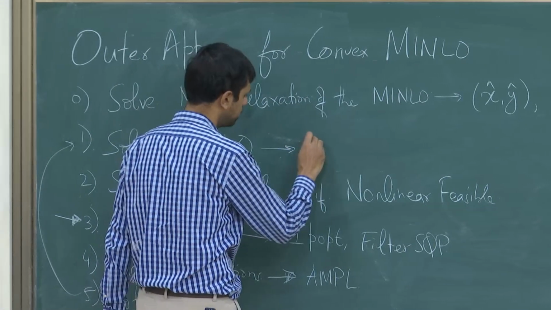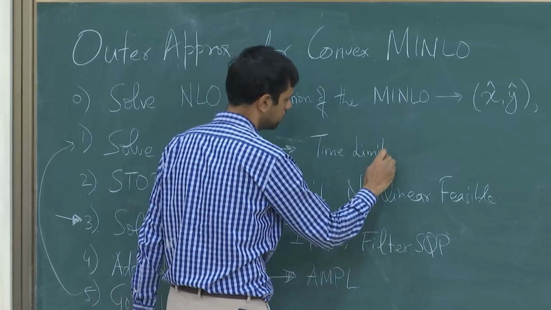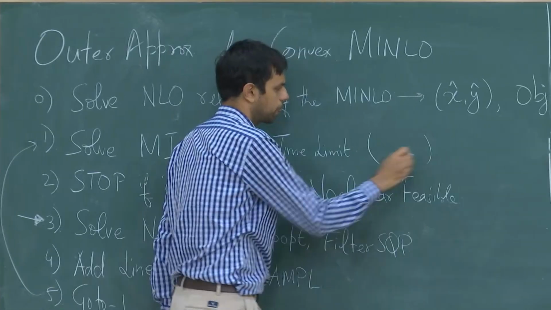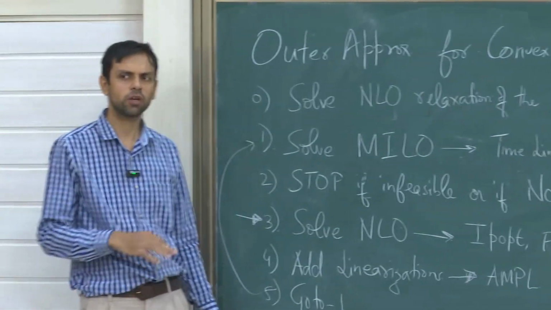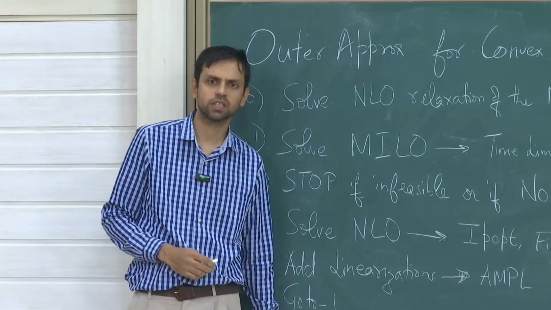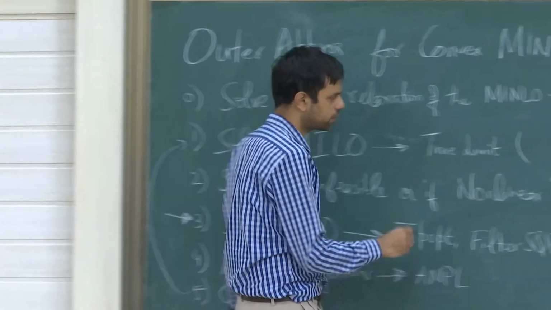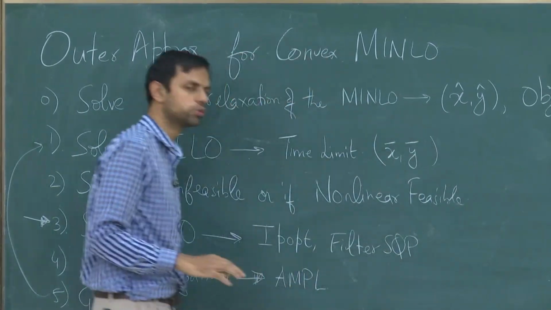I set a time limit of, let's say, 5 minutes, and I get some feasible solution. It may not be the optimal solution of this MILO, but some other feasible solution, let's say X bar, Y bar. Then can we do something?